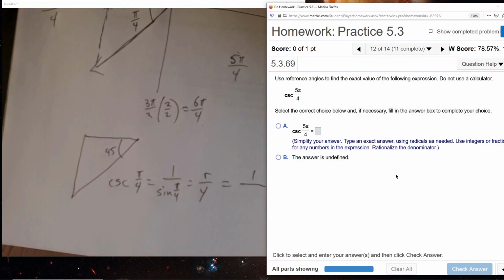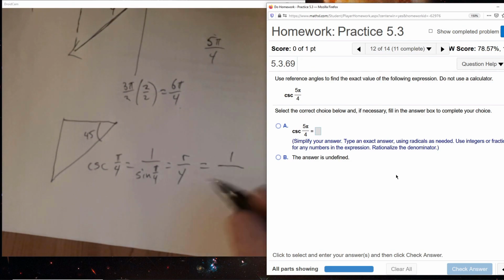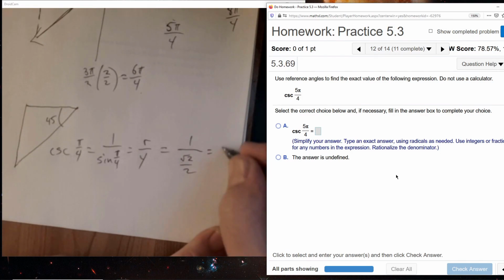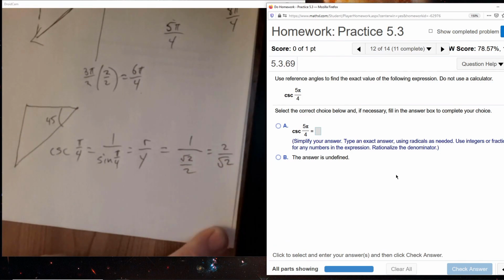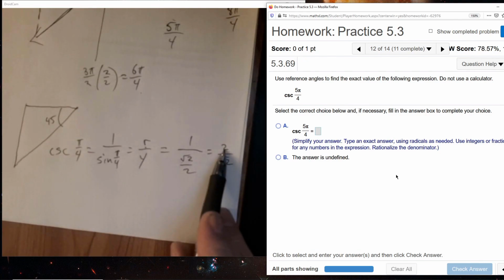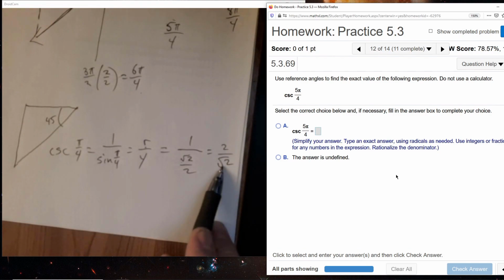It's one of the things you're supposed to memorize from that table in the last lecture. Sine of 45 degrees is square root of 2 over 2. And the reciprocal of that is 2 over square root of 2. So r we can write as 2, and y we can write as square root of 2.